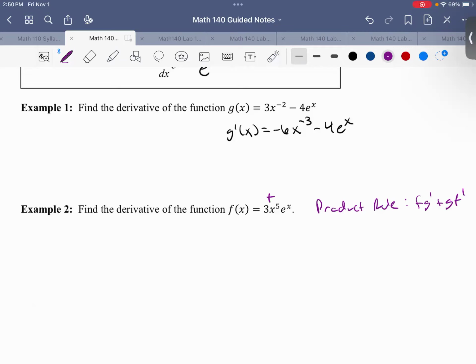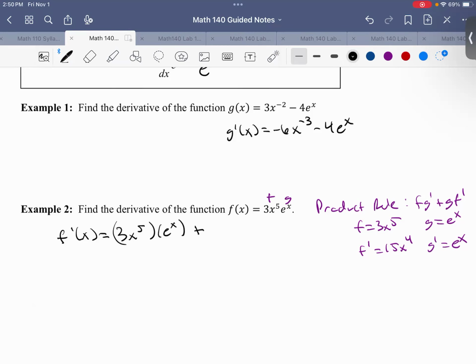So f is 3x to the fifth, f prime is 15x to the fourth. g is e to the x, and g prime, well, what's the derivative of e to the x? It is just itself again, e to the x. If we put this all together in our derivative, we get 3x to the fifth times e to the x plus e to the x times 15x to the fourth.